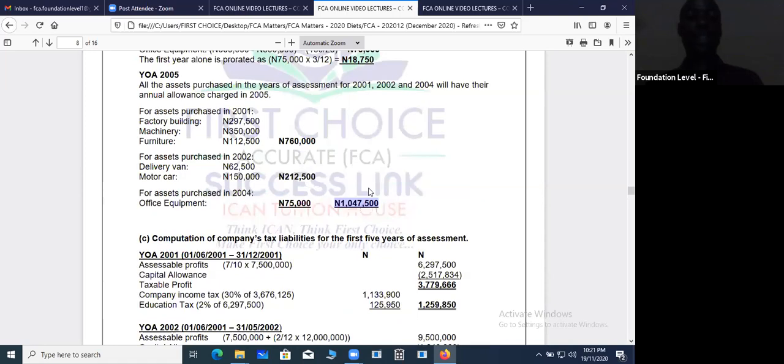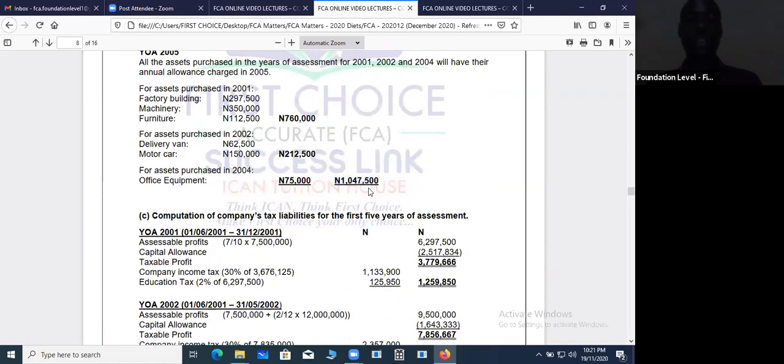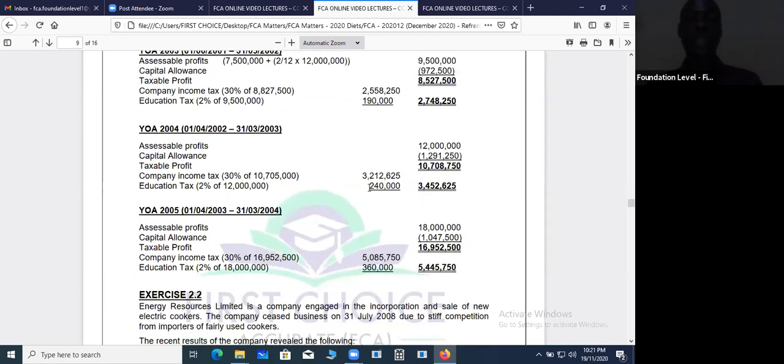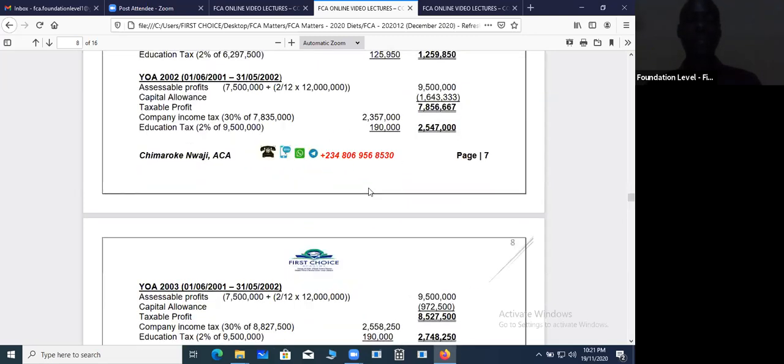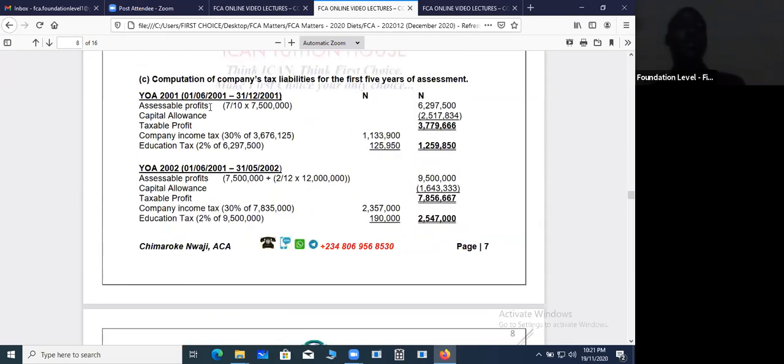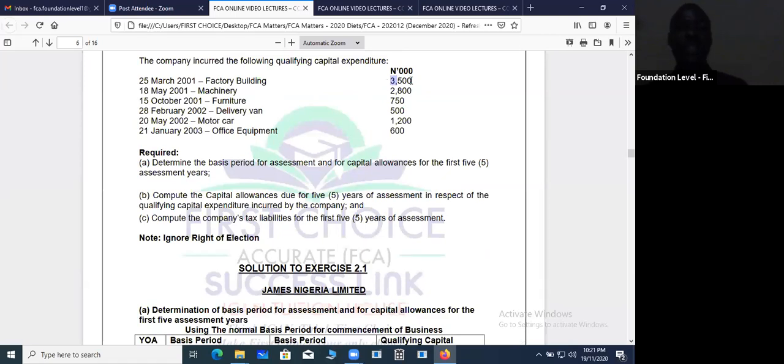I'll be taking it a bit of a rush because you know how to do your tax liability. All you need to do is use the basis period for profit. Your assessable profit, which you are given in the question, is 3,500,000.